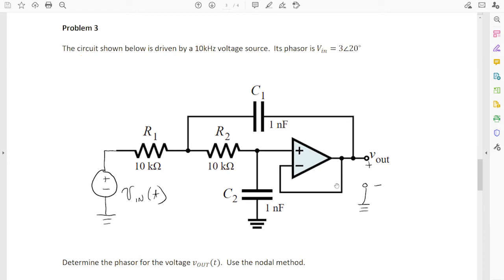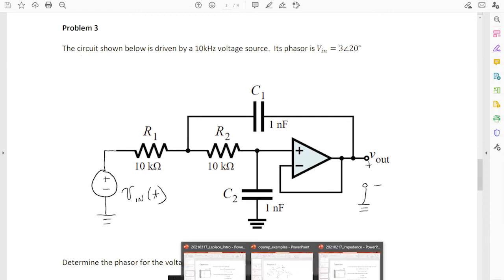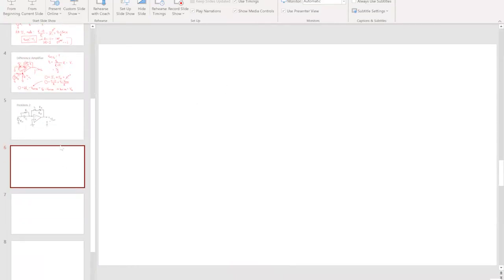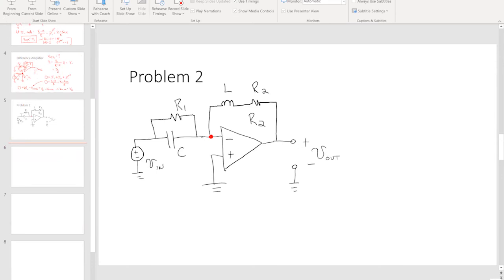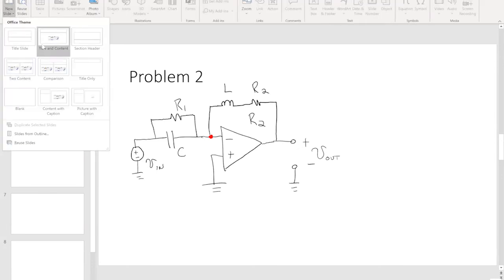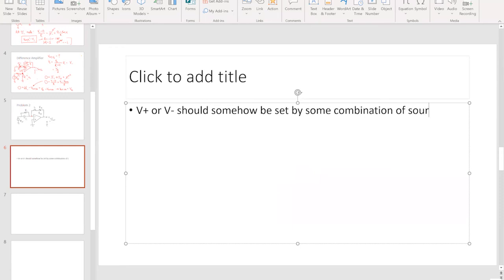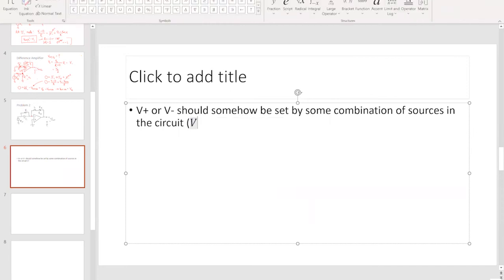So when I'm applying the golden rules, maybe the way to think about this, if I tried to write out an idea for how to approach it: V plus or V minus should somehow be set by some combination of sources in the circuit, where those sources could be, one of them could be V out.